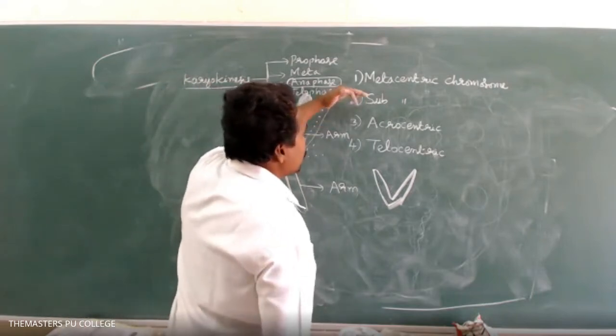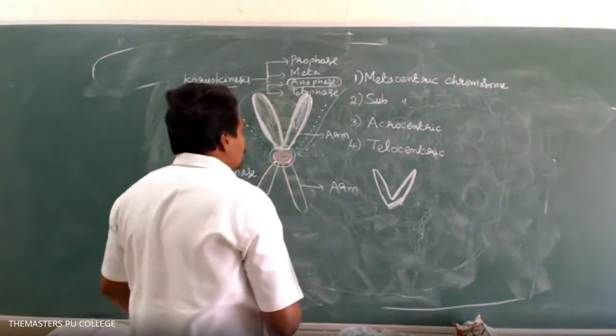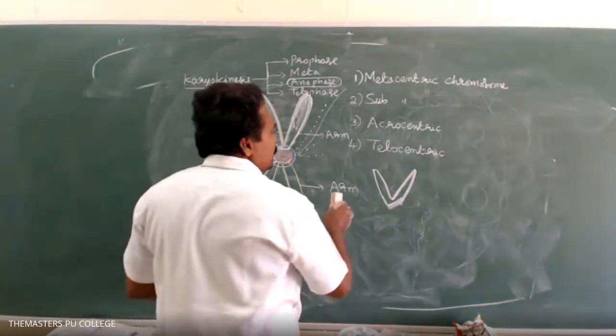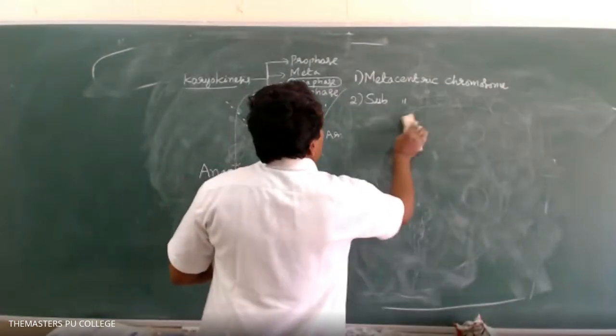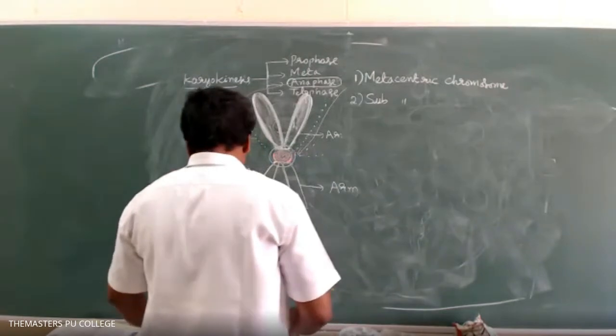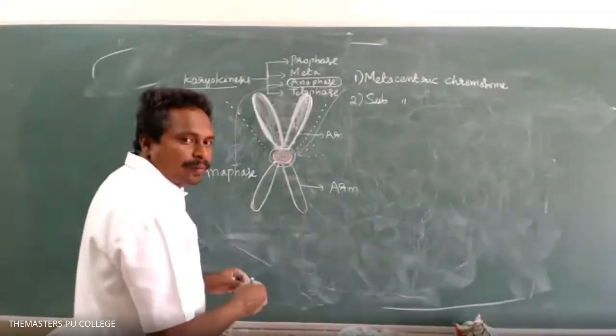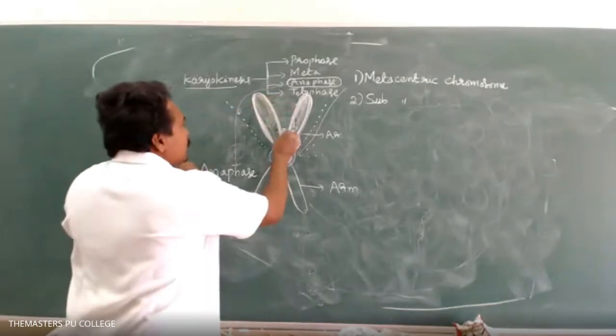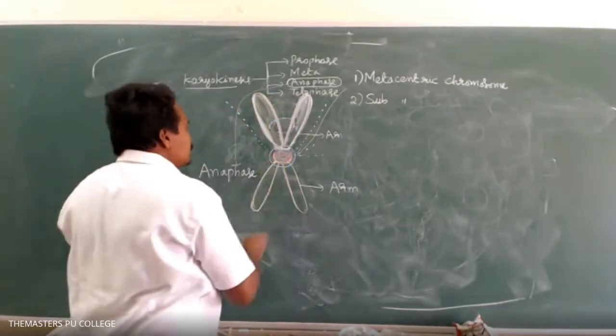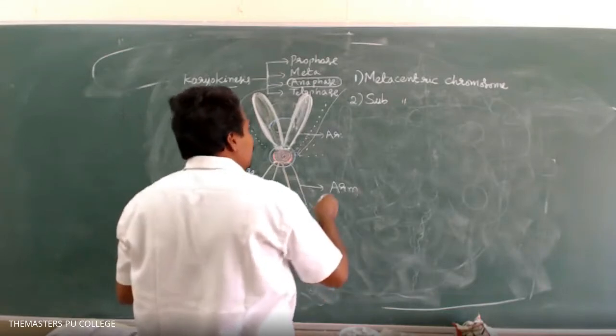Right. What is the next one? The next one, submetacentric chromosome. In submetacentric chromosome, the centromere is slightly away from the center.